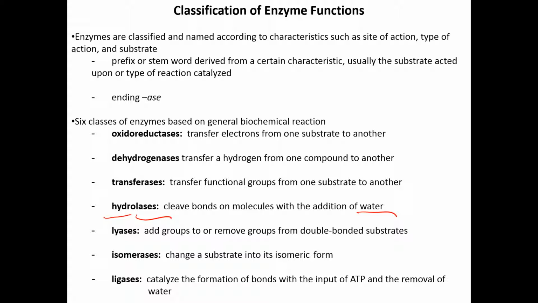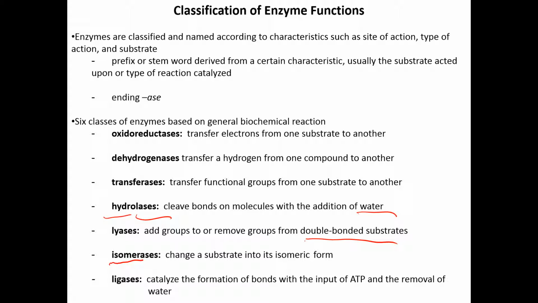Your lyases add groups or remove groups from double bonded substrates. Your isomerases, keyword, isomer. So what is an isomer? An isomer is two molecules that have the same chemical formula, but they look completely different.